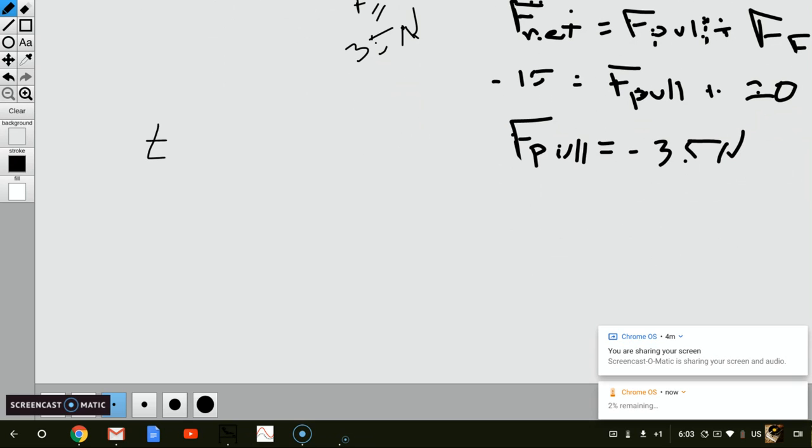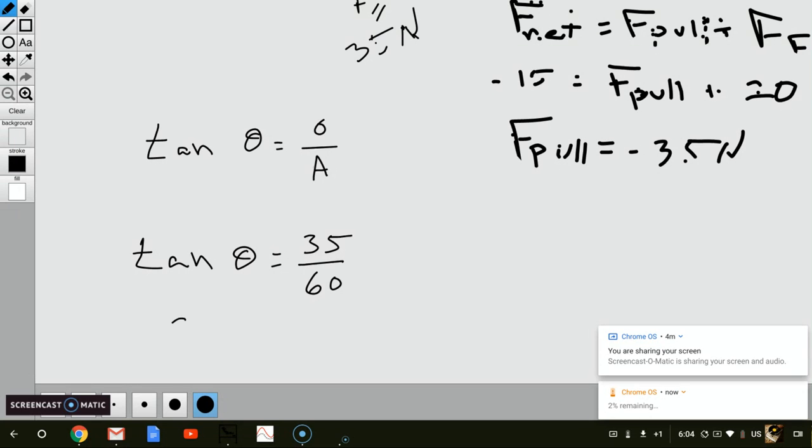So we know that tangent theta is equal to opposite over, that's not hypotenuse, it should be opposite over adjacent. In this case, tangent theta is equal to 35 over 60.